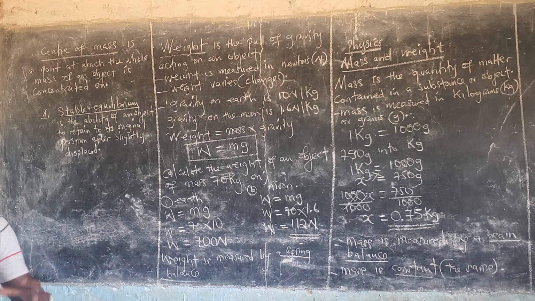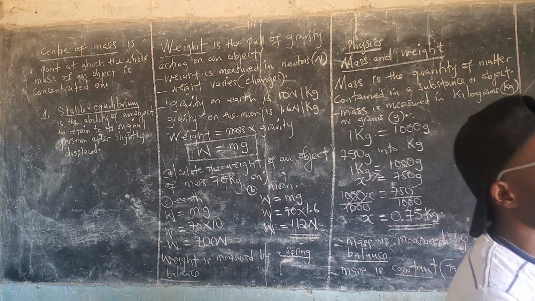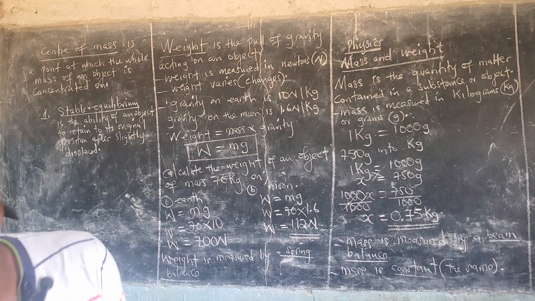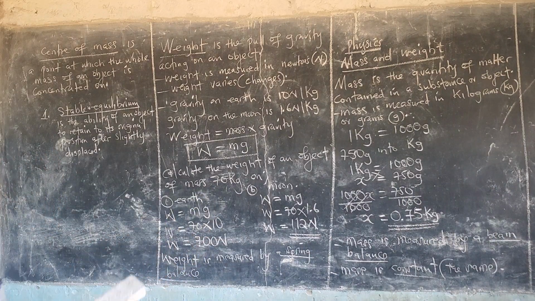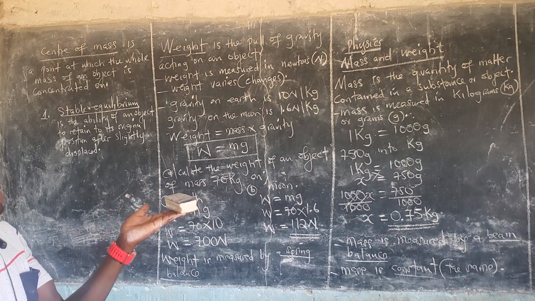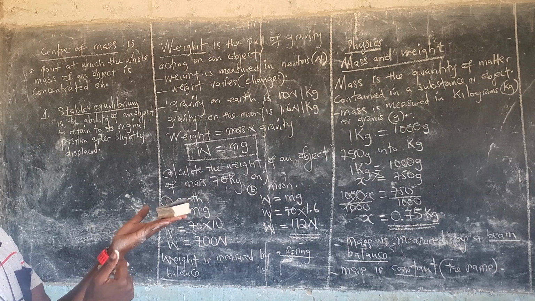Somebody who is stable is somebody who is not easily changed from one thing to another. They're able to still continue with their state of mind, so to say. For example, if this duster is in this manner, it is said to be stable, meaning that I can displace it, but it will still return back to its original position.